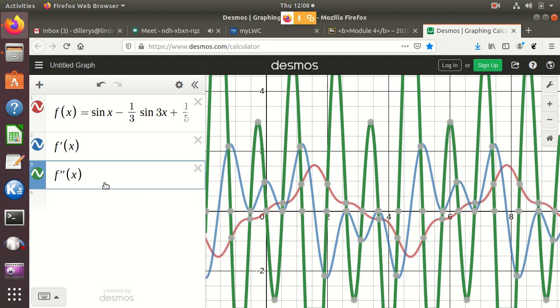Okay, so let me go back to this one, and there it's 0, and it's 0 here again at 5 pi over 6, and there again, things are getting really crowded.